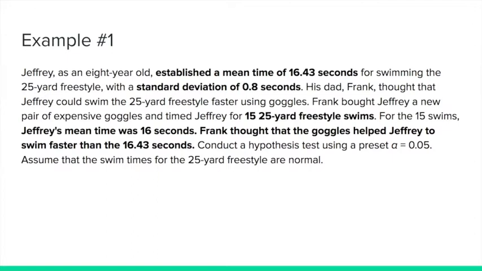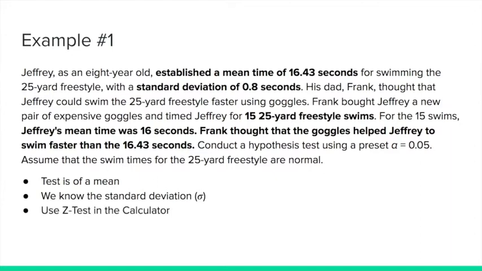So I'm going to walk you through the steps. Okay, first of all, we're dealing with a mean, so that means it's either a z-test or a t-test. We know the standard deviation sigma, so that tells us it's a z-test. And in fact, we're going to use z-test in the calculator. So in the stat menu, you hit stat, go over to tests, and you're looking for z-test.